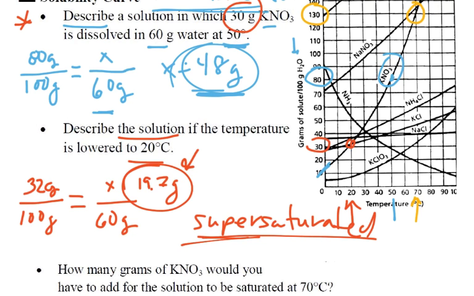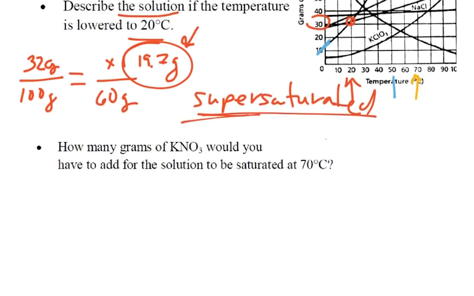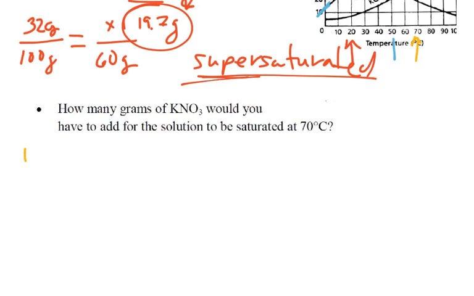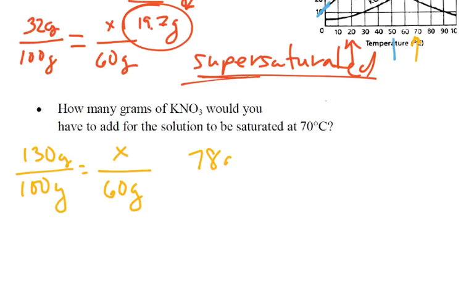Now, that is for 100 grams of water, so we have to go back and do our calculation. If 130 grams would saturate 100 grams of water, then how many grams would saturate 60 grams? So let's do our calculation. Now when I do this, I get 78 grams.